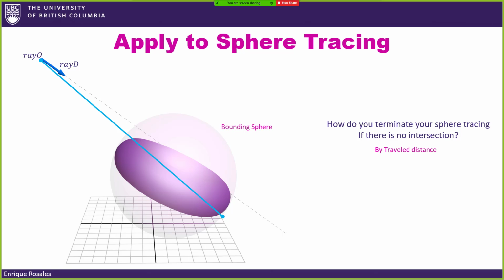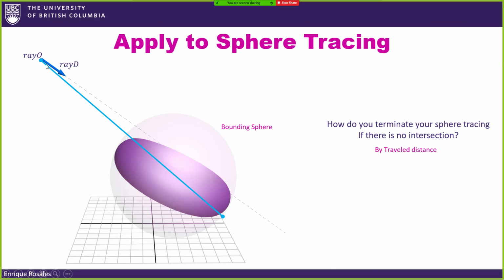Then what you could do is compute the distance from your ray origin to the center of your torus and add the radius of the bounding sphere, which is radius 1 plus radius 2. That is basically the maximum distance you will travel before intersecting the torus, if you intersect the torus.